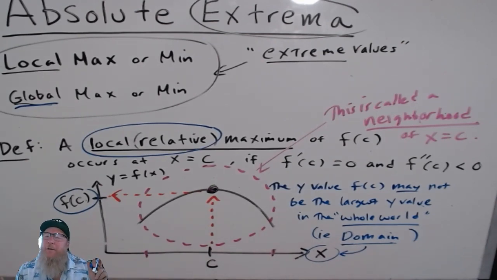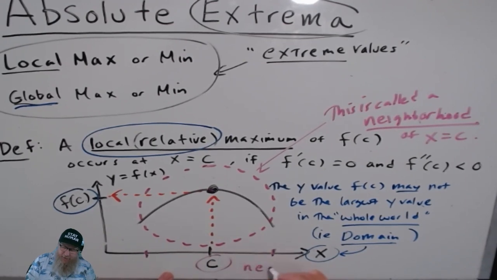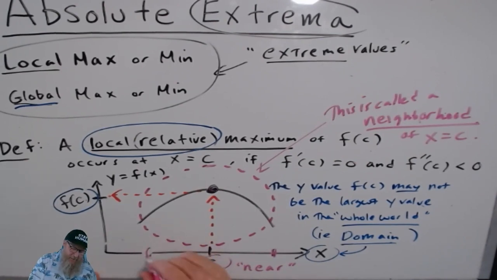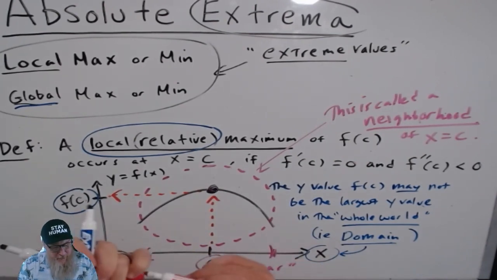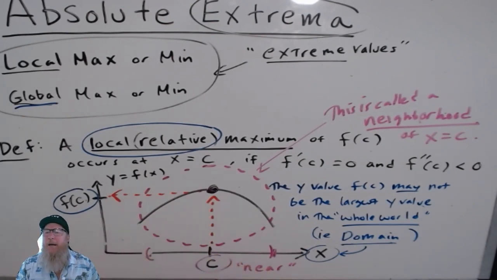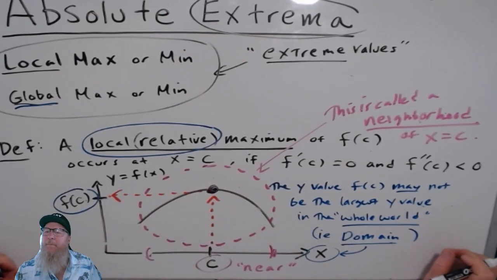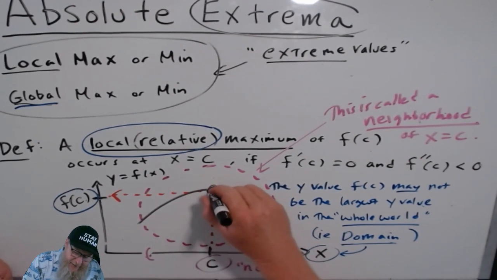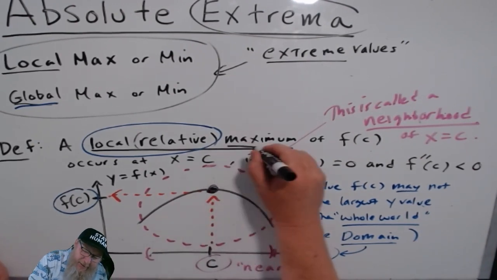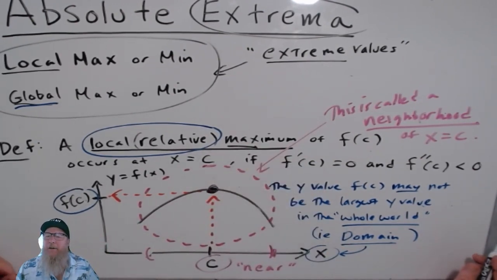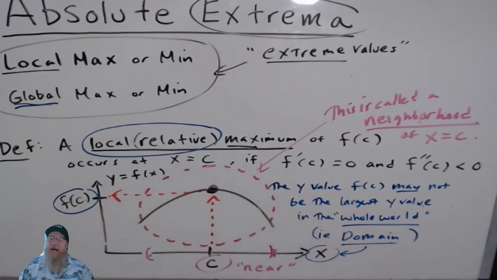I'm using the intuitive definition of a neighborhood, but a neighborhood intuitively means near to the left and to the right. We've used that term before when we were talking about limits, a couple months ago, however long it's been. So in this neighborhood, this is the largest y value, but we don't know what happens outside the neighborhood.